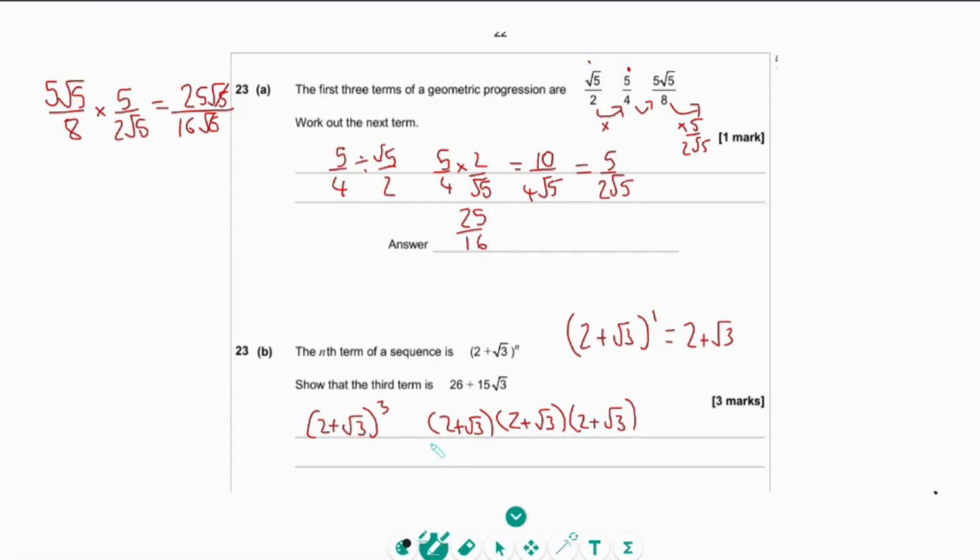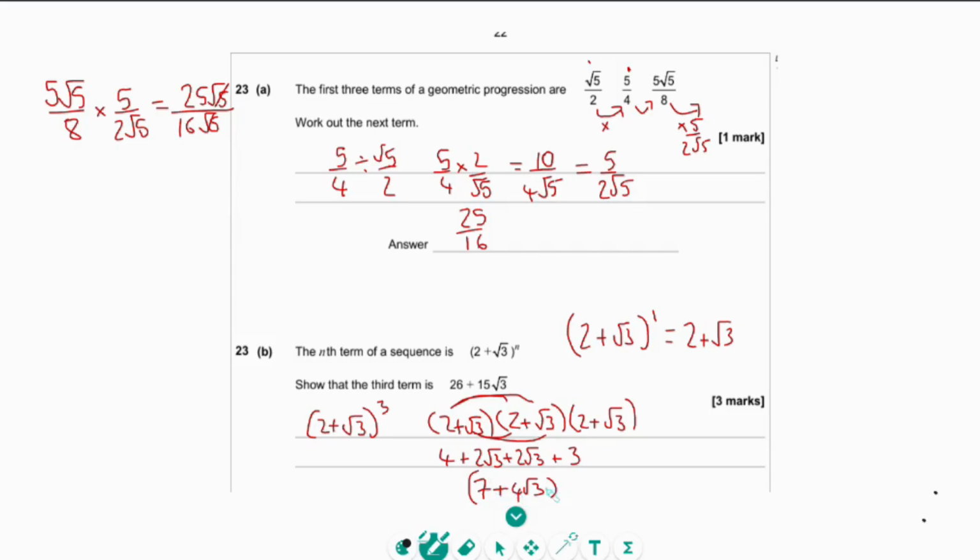I'm going to just multiply 2 sets of brackets first. 2 times 2 is 4, plus 2 root 3, plus 2 root 3, plus root 3 times root 3, which is 3. Simplifies to 7 plus 4 root 3.